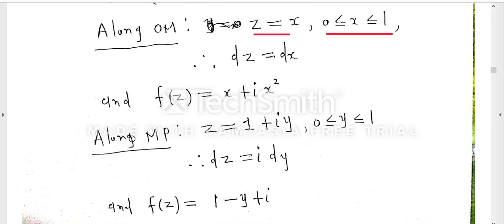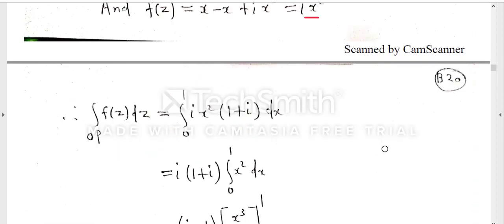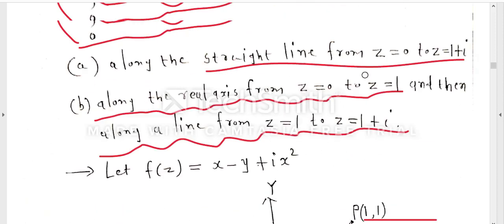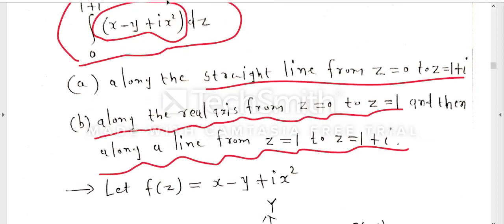Similarly, along line segment MP, you can see x is 1 along line segment M to P. So x becomes constant, y is changing. y is changing from y equal to 0 to 1. So the limits of y will be from 0 to 1. And we have to put x equal to 1 here. So it will be 1 minus y plus i.